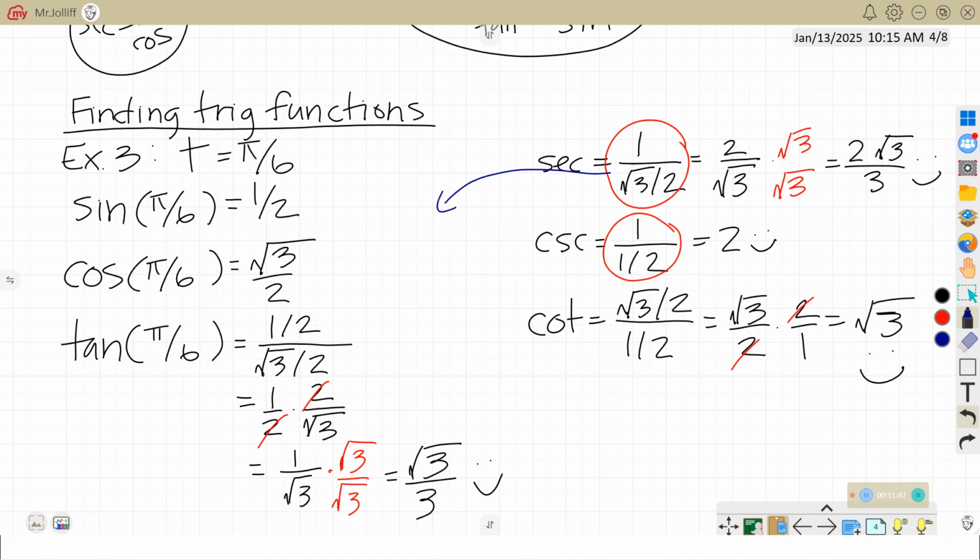Because this is 1 over 1 over 3 over root 2. And we know we take the numerator and multiply it by the reciprocal of the denominator. And then it just takes you right there. That was a good question. So if you've got 1 over a fraction, it's saying take the reciprocal in a convoluted way.